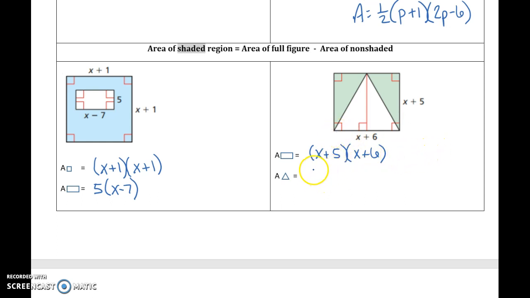And then for the triangle is going to be actually that, but half of it. So whatever you would get for the rectangle, you would then take half of that. So that's fairly quick on that part, but I know that you can do it. So good job.